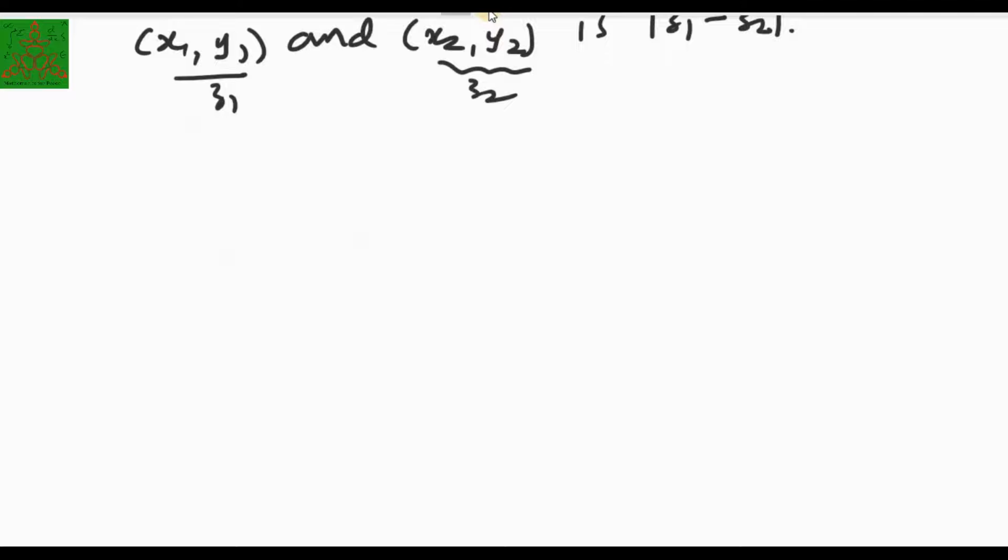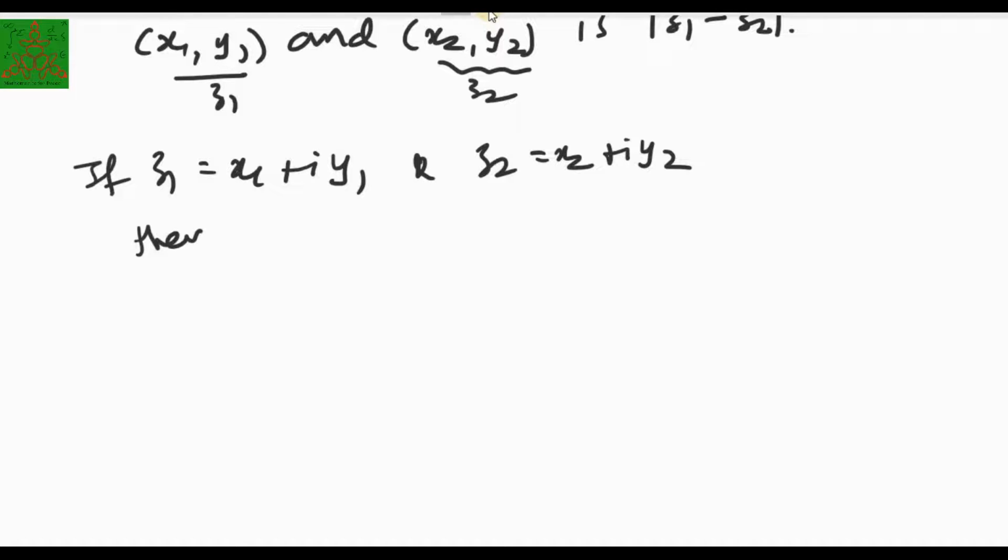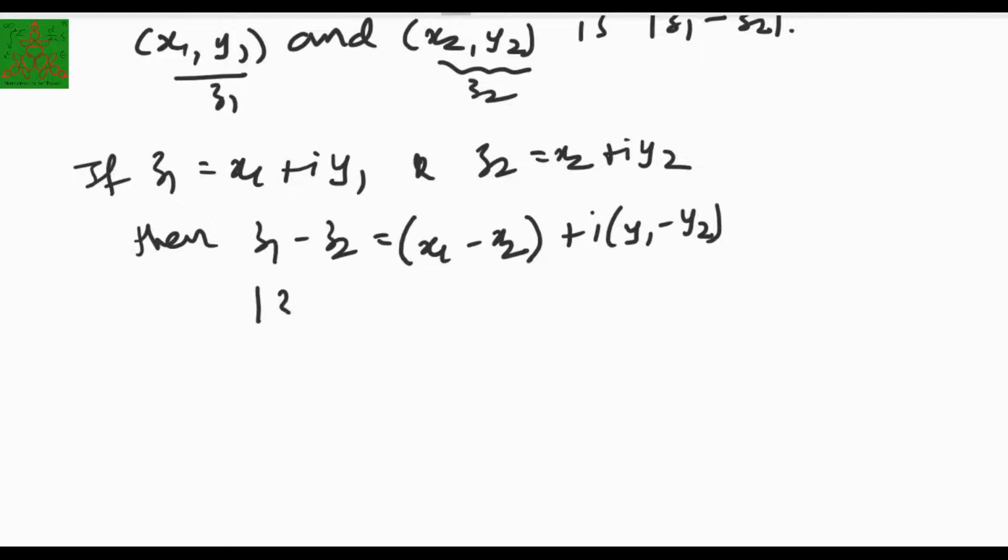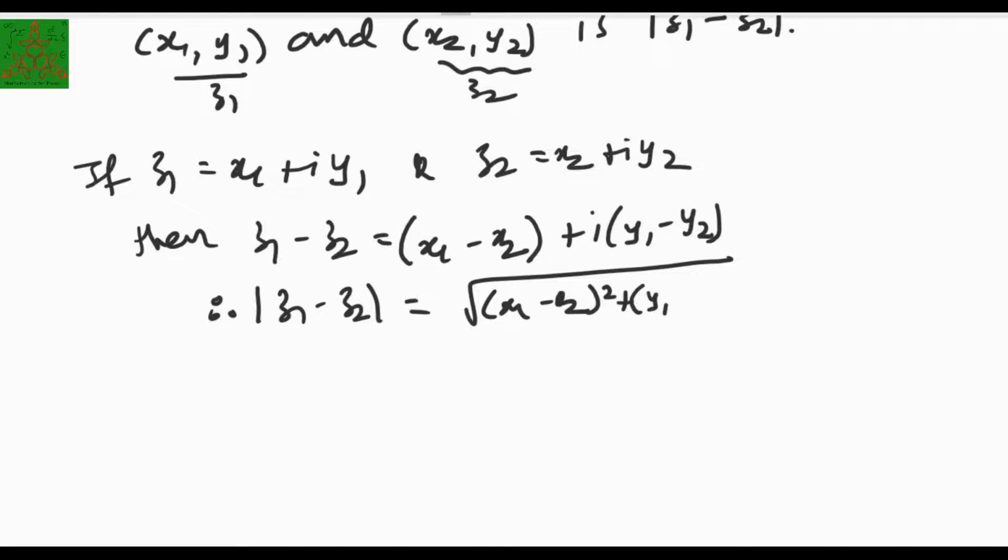You can observe this very clearly: if z1 is x1 plus i y1 and z2 is x2 plus i y2, then z1 minus z2 is (x1 minus x2) plus i (y1 minus y2), and the mod of this is the square root of (x1 minus x2) squared plus (y1 minus y2) squared.